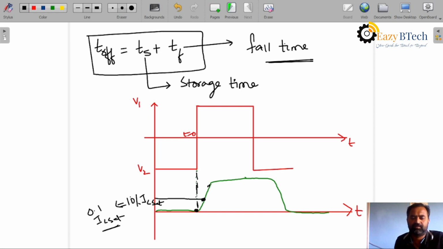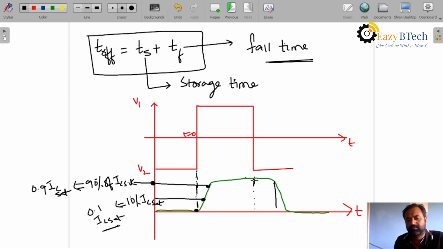From this point to this point, 90% of IC sat, 0.9 IC sat, this time we will call a storage time.